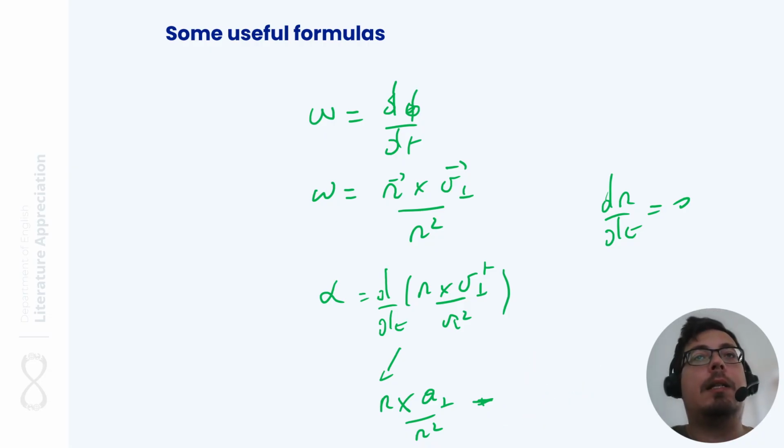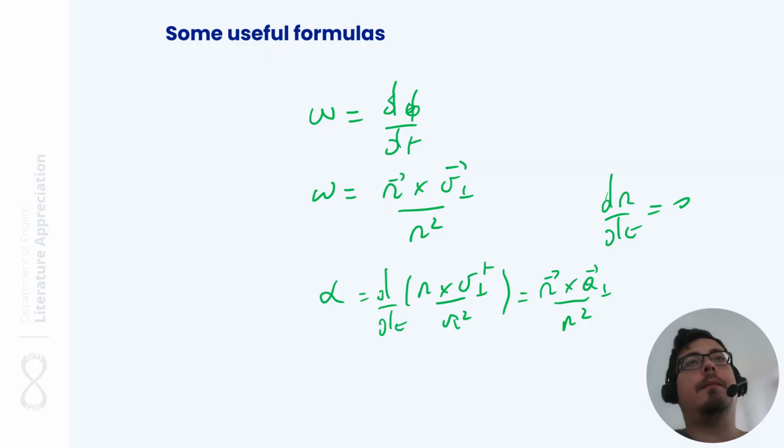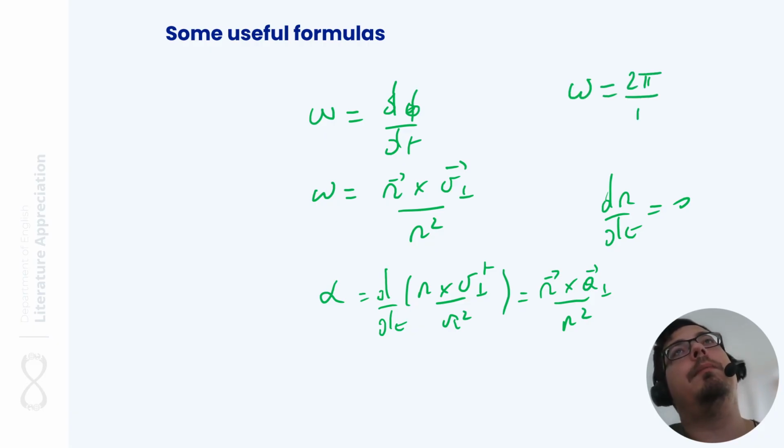And then we can say that in uniform motion the acceleration is only given by the radius cross product, the acceleration over r square. Okay, so these are important formulas. And then the other one that we need to remember is that the angular velocity is 2 pi over the period.